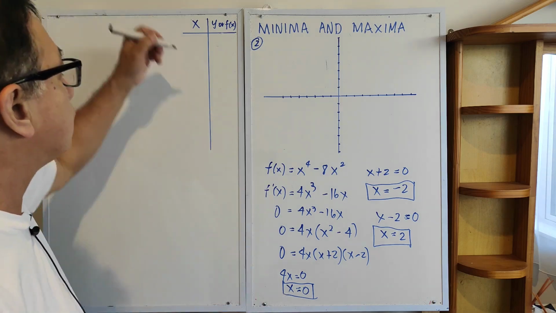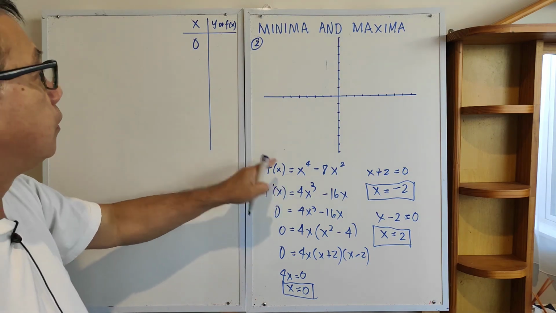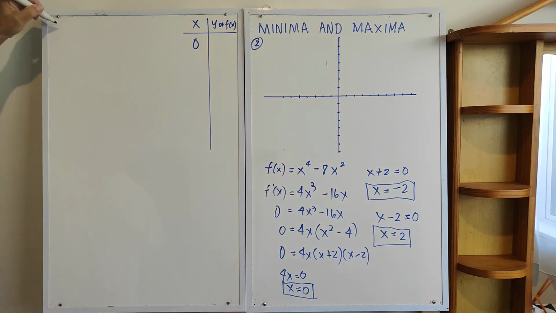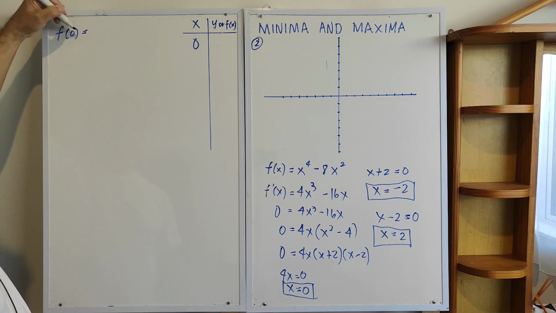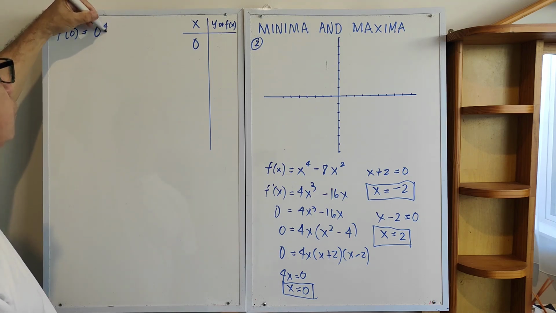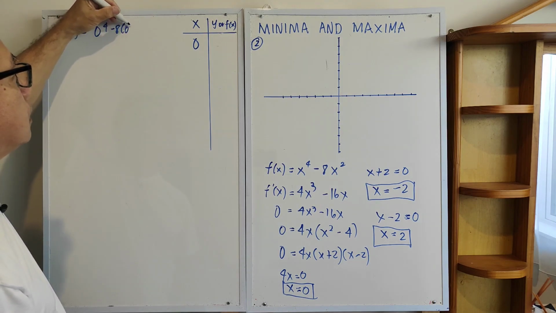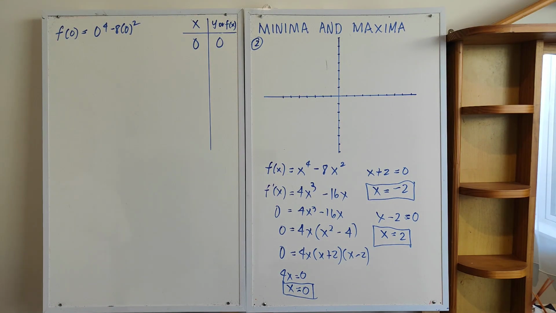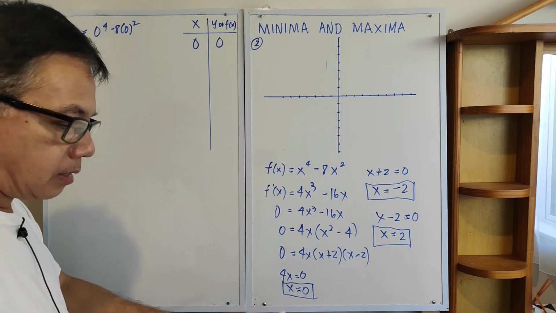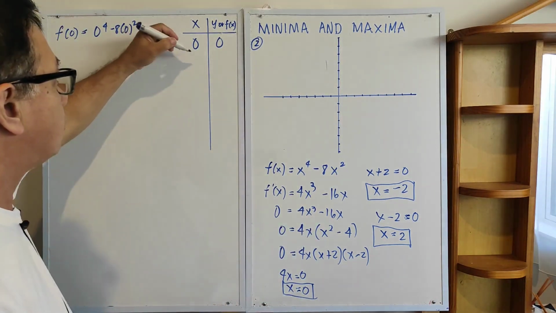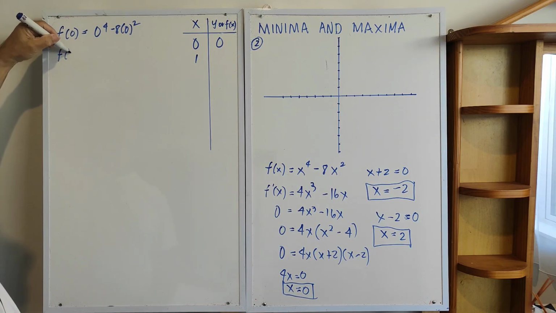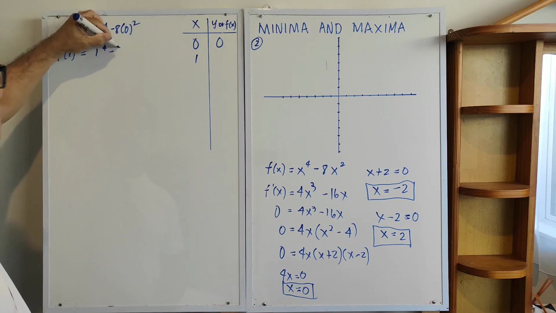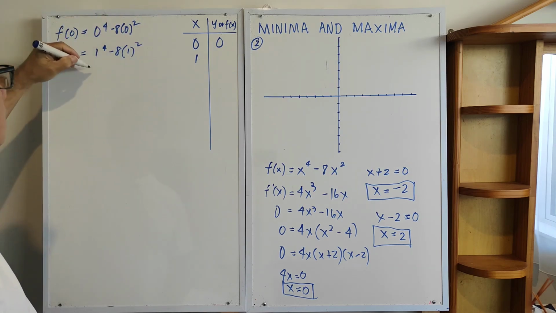Let's start with 0. If x is 0, we plug in the value of 0 in x. The function f of x at 0, 0 to the fourth minus 8 times 0 squared. So y is also 0. If x is, let's say, 1, we plug in 1 to the fourth minus 8 times 1 squared.